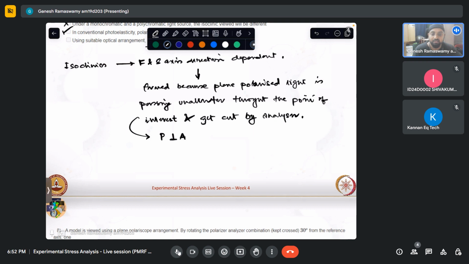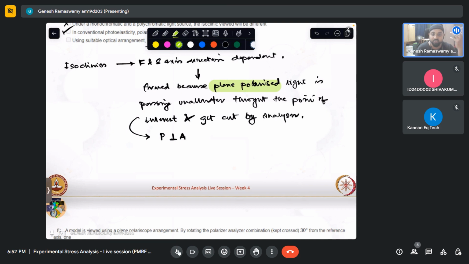Now let us say that we introduce some elements here such that this light is no longer plane polarized but is something else, let us say circularly polarized light. In such a case, the directional dependence totally goes.